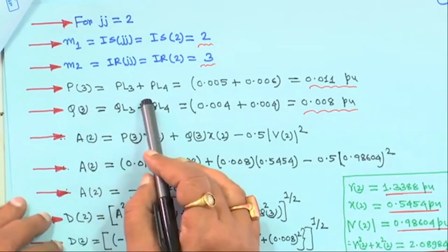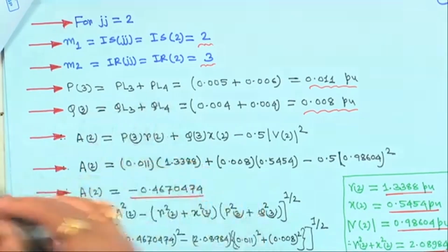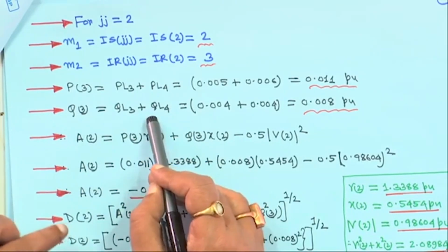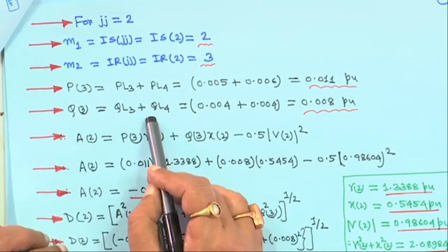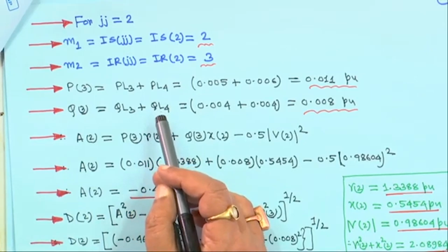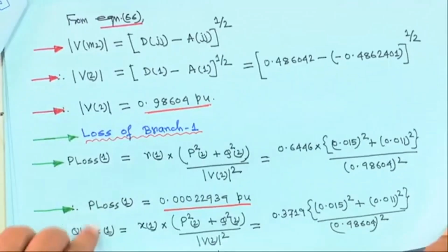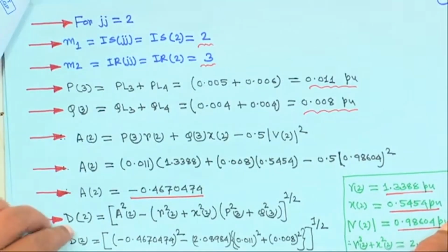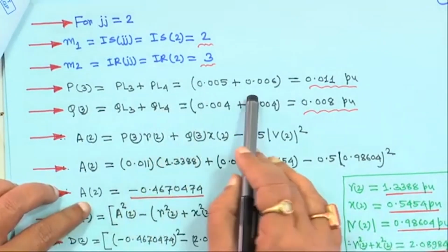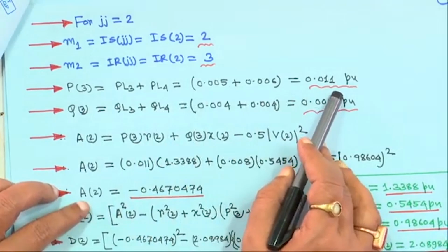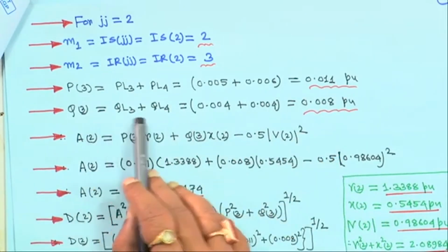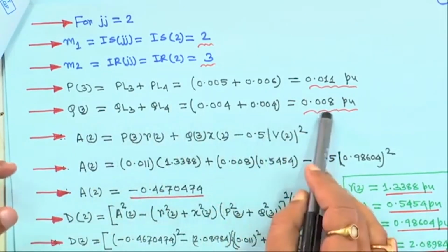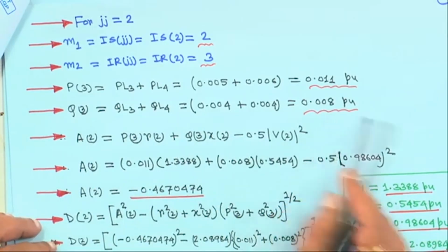So, P3 is equal to PL3 plus PL4, and whatever loss we have calculated is the loss of branch 1, not branch 2 or 3. Therefore, PL3 plus PL4 is this much, 0.011 per unit, and Q3 is equal to QL3 plus Q4, that is 0.008 per unit.